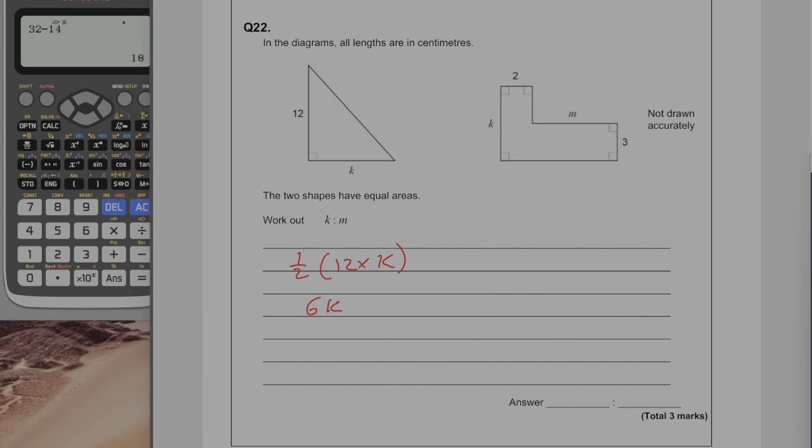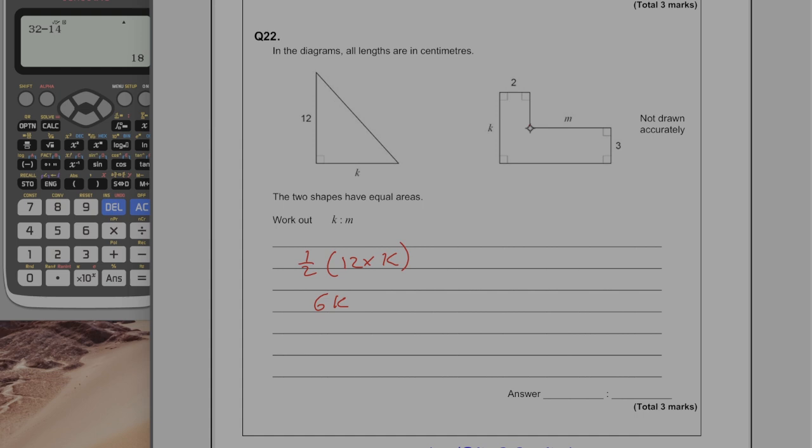Right, for this second shape, I'm looking for a logical way of splitting it. I'm going to split it down there. So for the second one, the area of the second shape is going to be 2 times K plus 3 times M. Right, and we're told that these two things are equal. So I'm going to say that 6K is going to be equal to 2K plus 3M, which means then that 4K is equal to 3M.